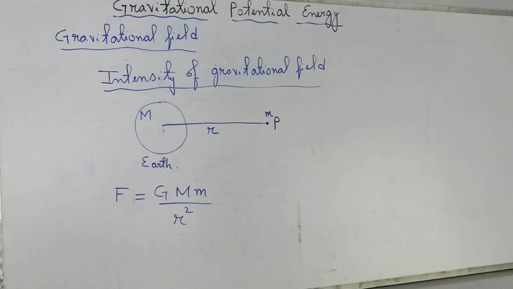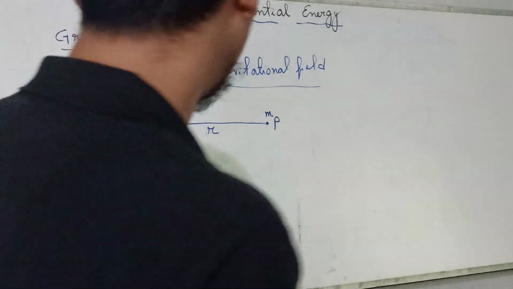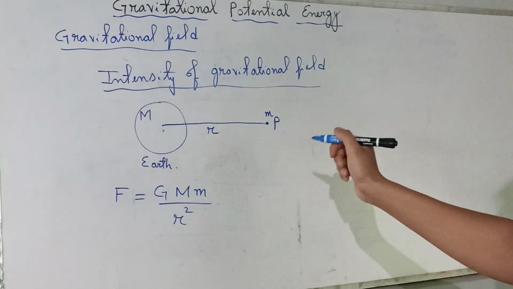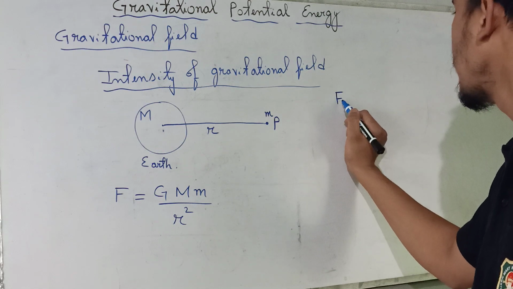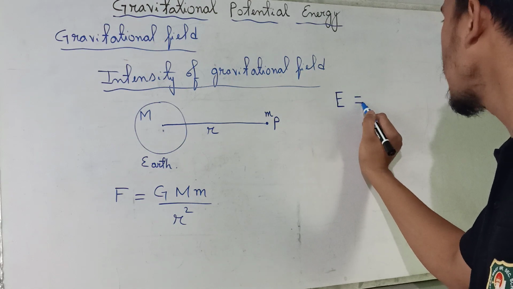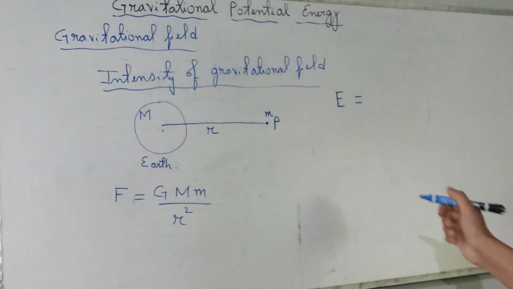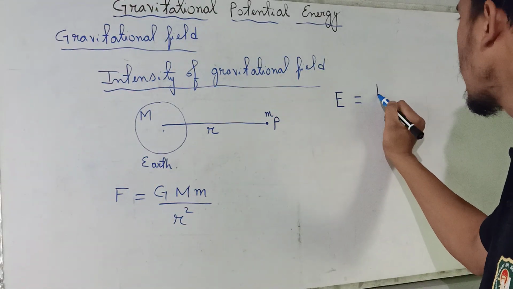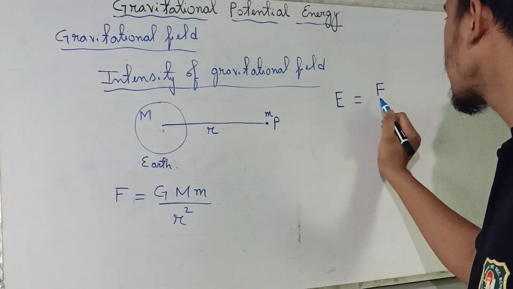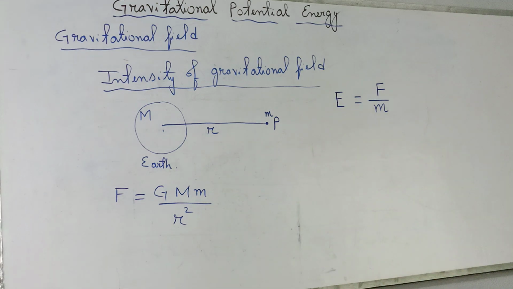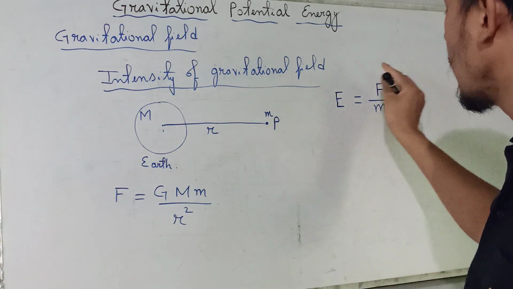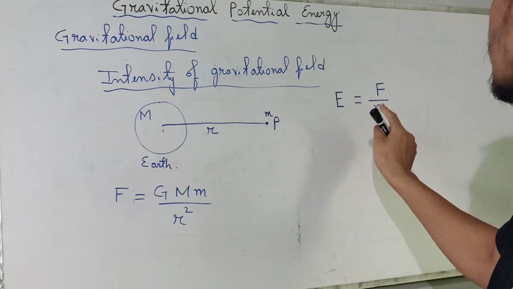Therefore, the gravitational field due to the Earth at point P will be given by E equals to, okay, so the gravitational field is defined as the force experienced per unit test mass. Okay, the force experienced per unit test mass.